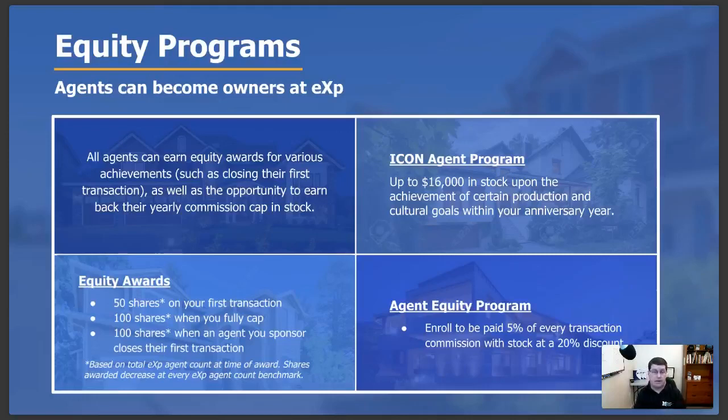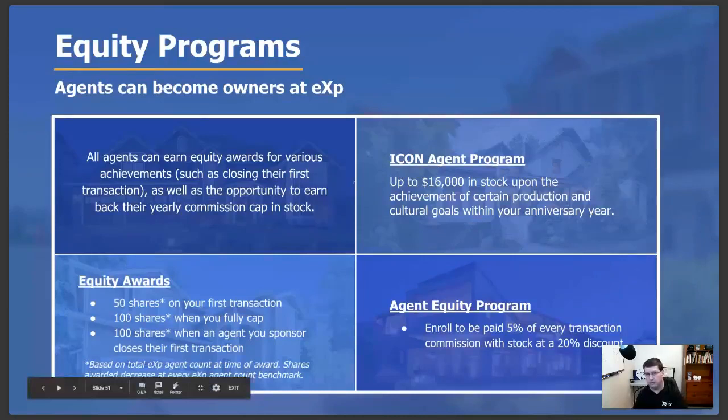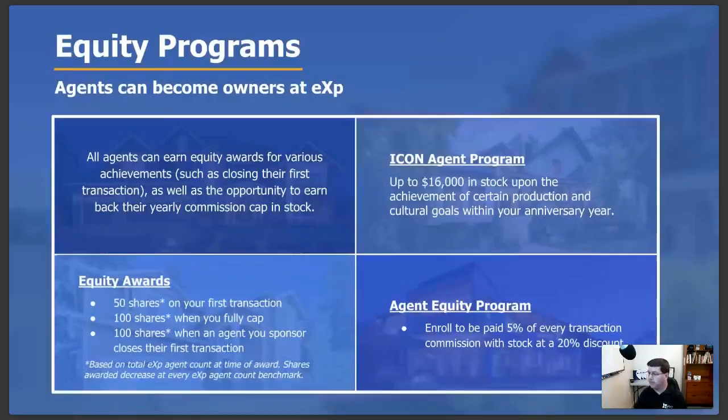So if you don't want stock, don't go to the open market and buy any, and don't participate in any of the purchases, and you will accidentally get stock if you're producing, and you should produce whether you want stock or not. That should be the focus, but no, that is optional. You're not required to buy stock. You're not required to participate in the optional programs here. So if you don't want stock, then you don't have to have it.